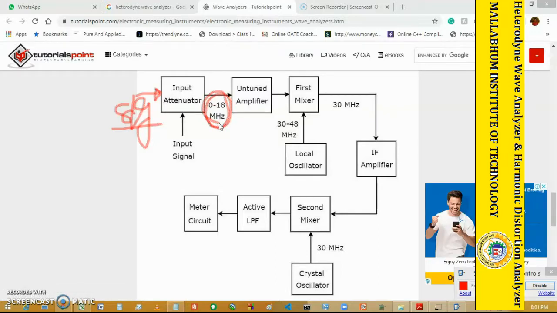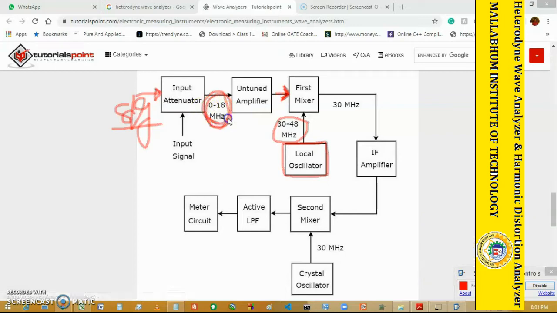The mixing principle happens with a local oscillator. The frequency supplied by this local oscillator may be 30 to 48 megahertz, and this is your mixer. Mixing is the main principle of the heterodyne wave analyzer. So 0 to 18 megahertz may be your raw frequency signal that we want to analyze, and it is mixed with the local oscillator.